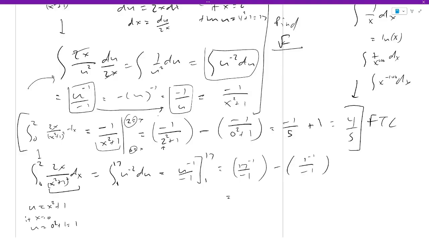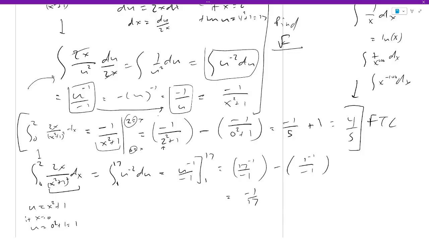Dividing by negative 1 is the same as multiplying by negative 1. And the 17 to the negative 1 is the same as 17 in the bottom. So this is really negative 1/17. And then over here, negative 1 in the bottom is the same as times negative 1 in the top.